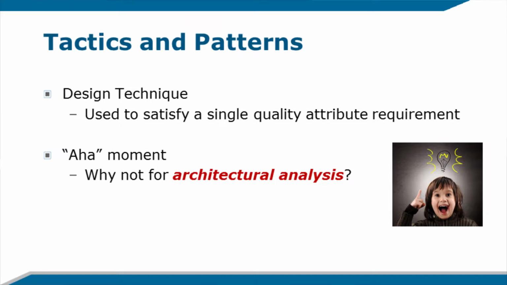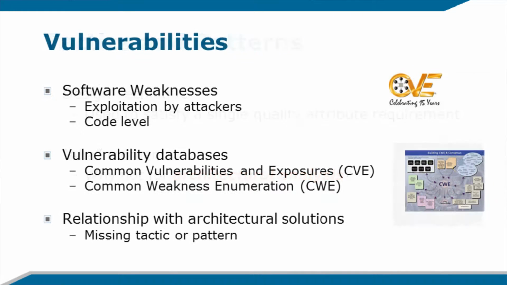And as I said earlier, vulnerabilities are also very important in our case. When we talk about vulnerabilities, they mainly refer to weaknesses found in your software, especially at the code level. And there are mainly two major vulnerability databases available, and you may already be familiar with some of these. Common Vulnerabilities and Exposures, CVE, is one.